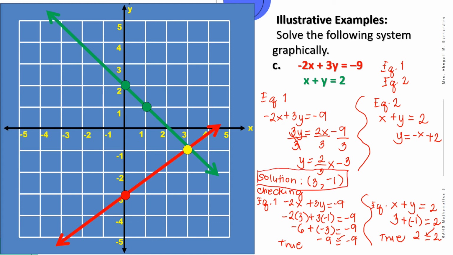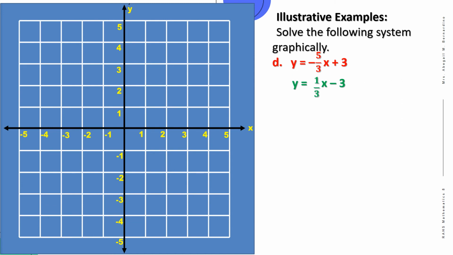Okay? And finally, we have example letter D, which is y equals negative 5 over 3x plus 3. Then we have y equals 1/3 x minus 3. Now, as you can see, both of the equations are in the slope-intercept form.